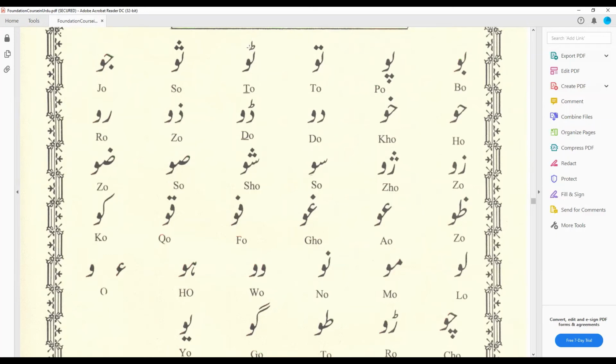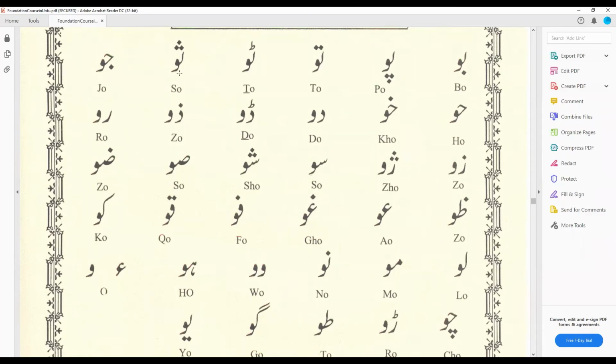You can see a little line under the T, so it shows it's a hard sound. So next we have toe.